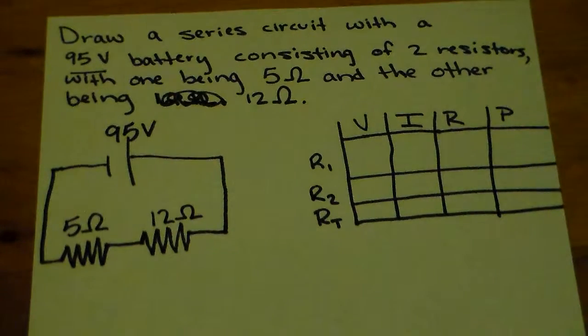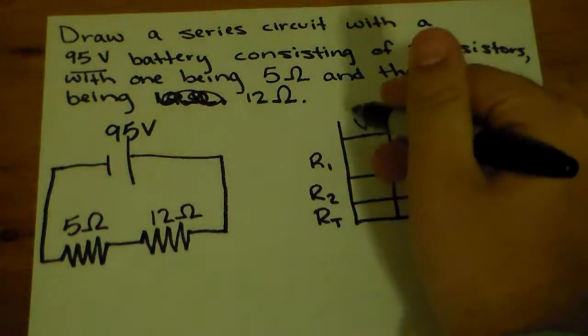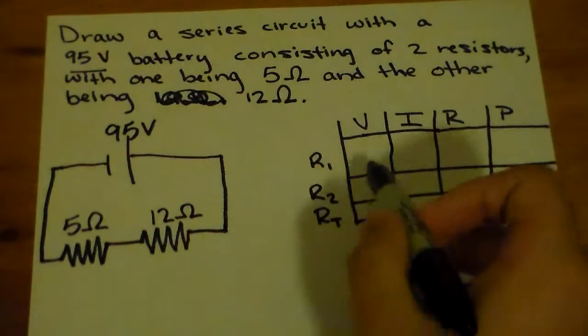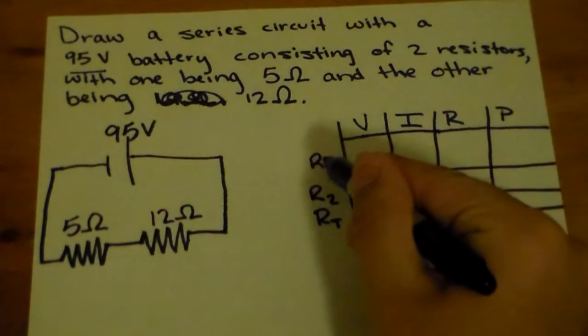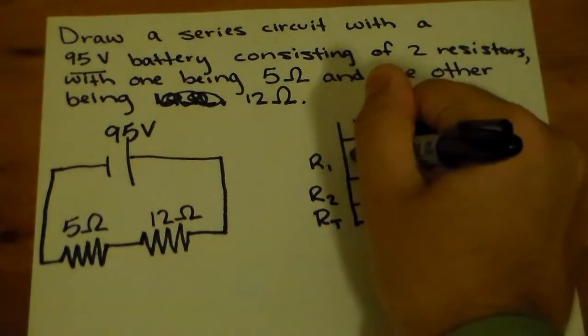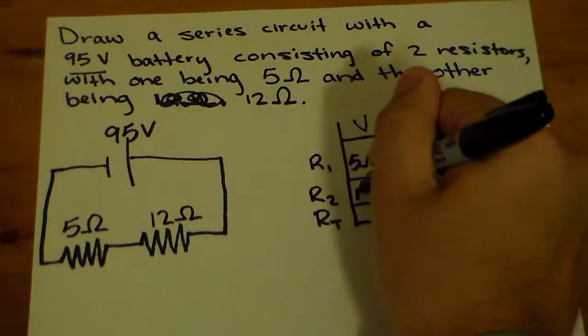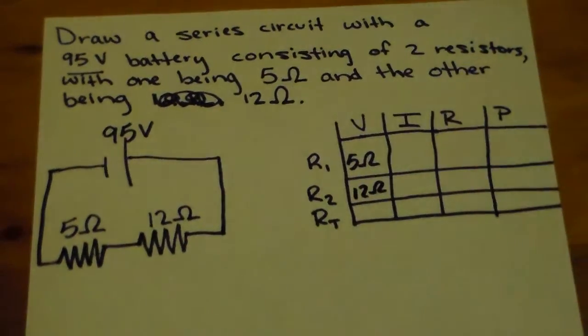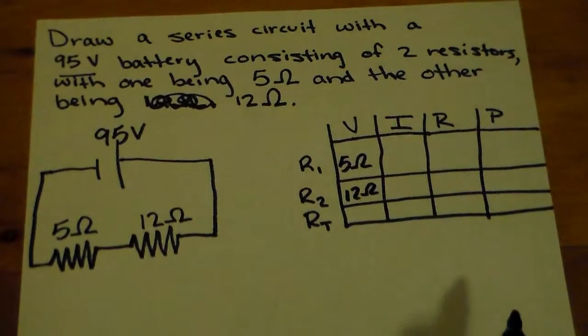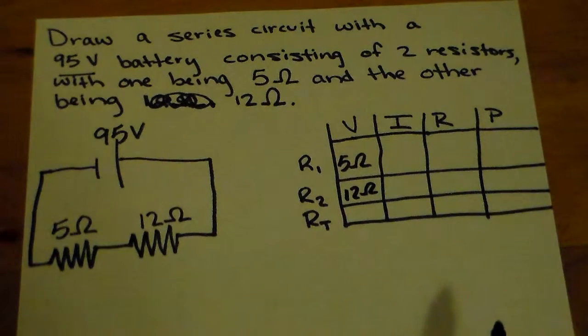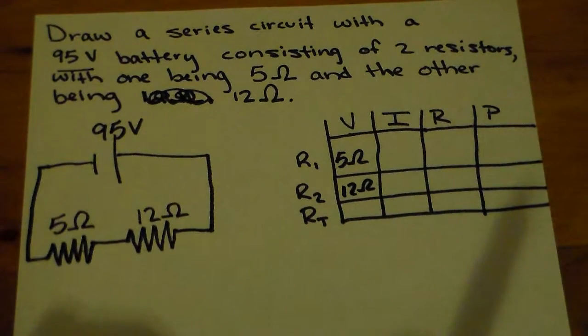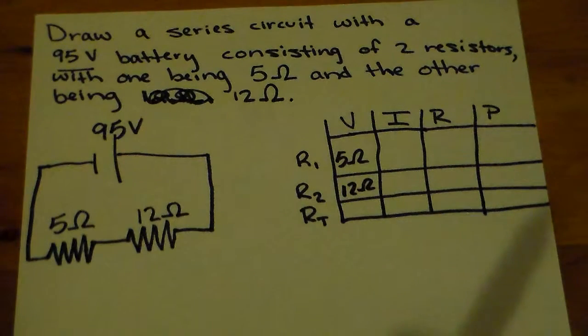So in this chart right here, this is the first resistor, which is going to be 5 ohms, and the second resistor is going to be 12 ohms. And with the voltage in a series circuit, what we want to do is add those together.